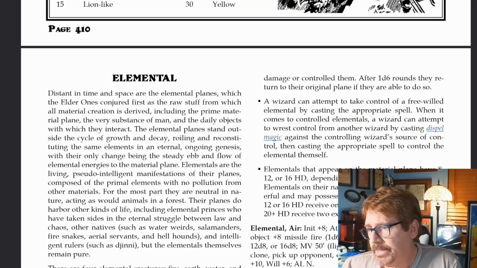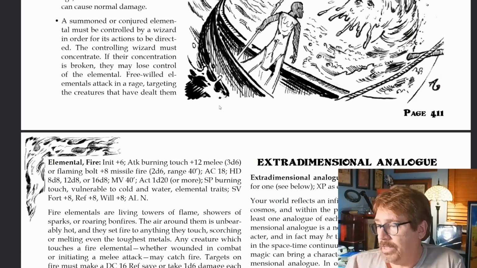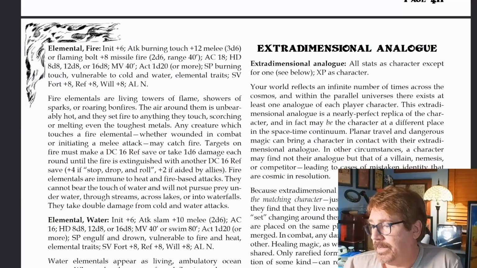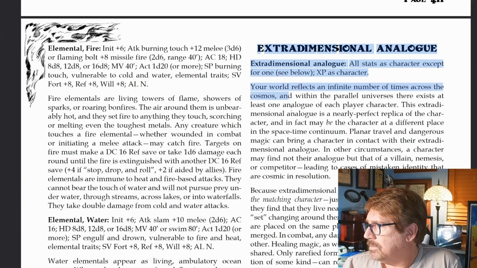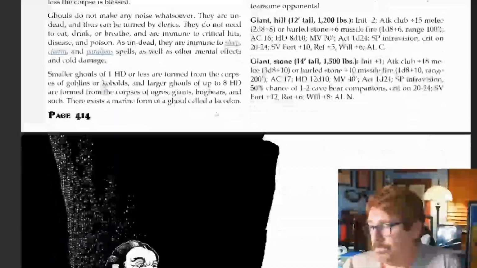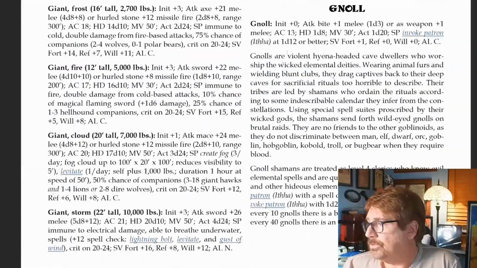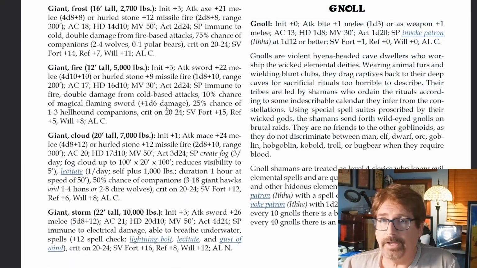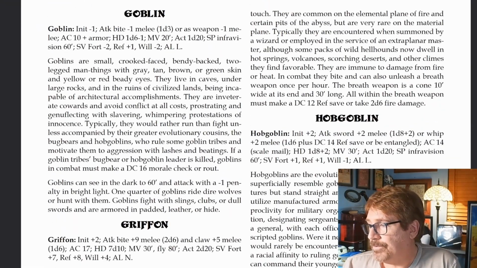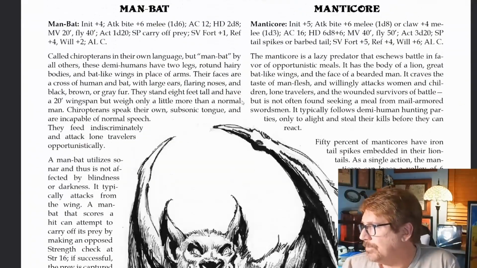Elementals are very important in this campaign, so it's good that they have a large detailed section on elementals to run it in the campaign. Interesting. So a lot of the basic monsters are here from AD&D, which is fine. Gnolls, a lot of gnolls in D&D and Greyhawk too, and goblins, of course, and hobgoblins. I like it. I like this so far.